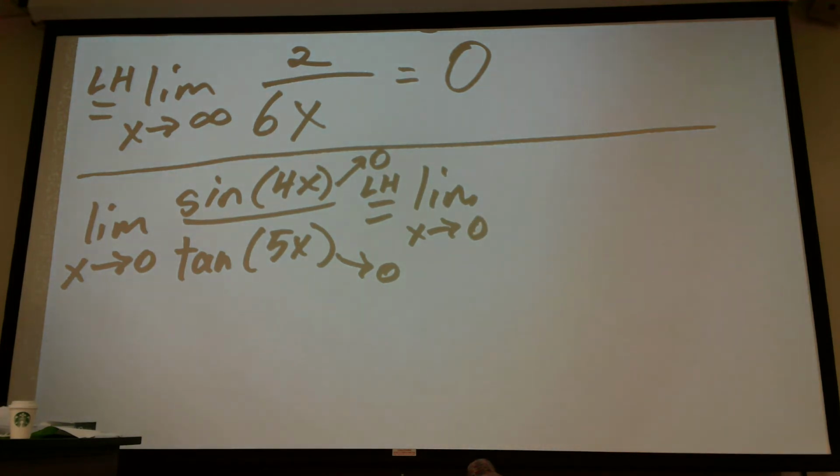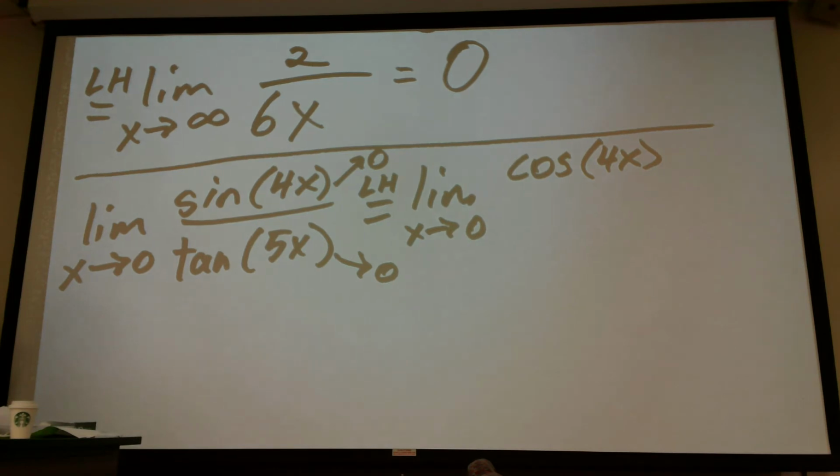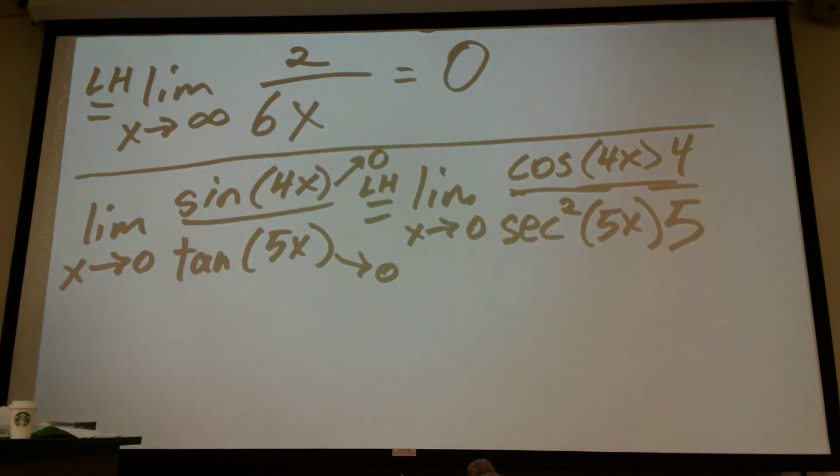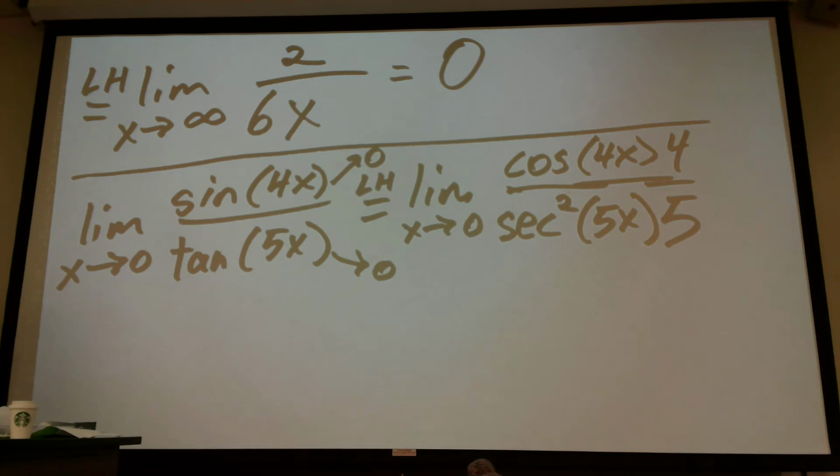So the derivative of sine is going to be cosine. But remember, we're taking a derivative, so we also have to obey the chain rule. So it's going to spit out 4. Now, the derivative of tangent is secant squared. But that guy is also going to spit out a 5 from the chain rule.